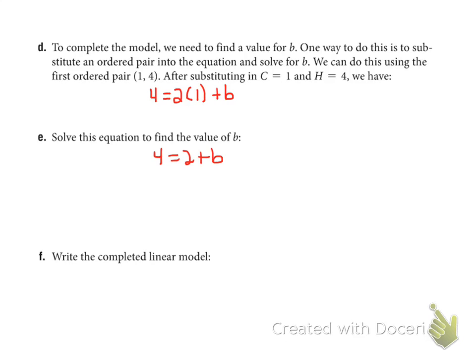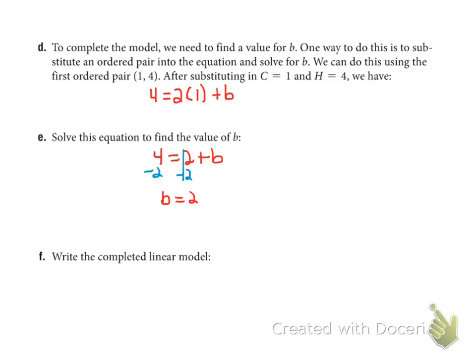Wouldn't you subtract it? The 4 by the 2, or the 2 by the 4. So you're going to take what minus what? 4 minus 2. Yep, that's correct. You're going to subtract 2 on both sides. And 4 minus 2 is 2. So now we know that B is 2.